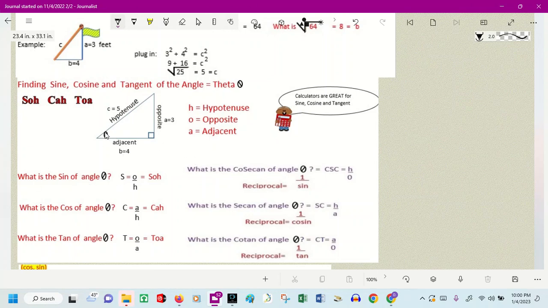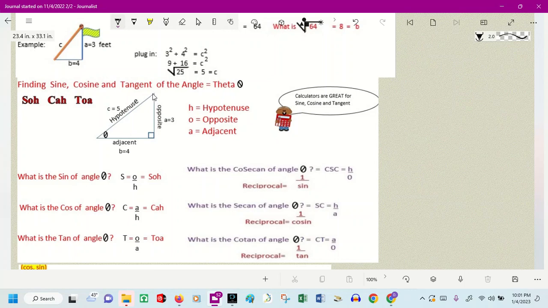So, looking at this angle we're calling theta, the reason you have to be aware that they gave a name to the angle you're looking at, theta, is because they could ask you for this angle instead of that angle. And if you are asked for that angle, what is the sine of this angle right here?